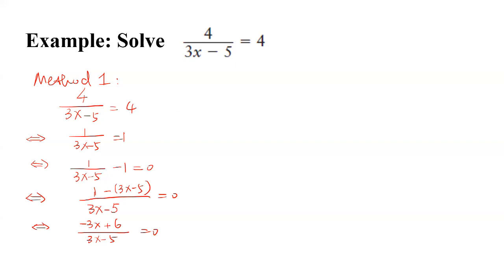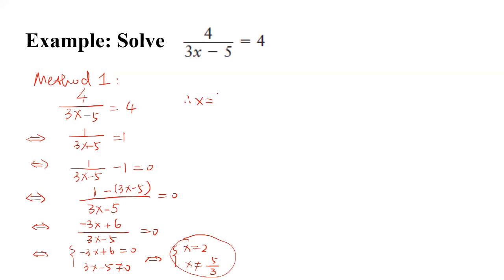This is equivalent to the numerator being 0 and the denominator not being 0, which is further equivalent to x equals 2 and x cannot be 5 over 3. If we consider this, it simplifies to x equals 2. So x equals 2 is the solution of the original equation.